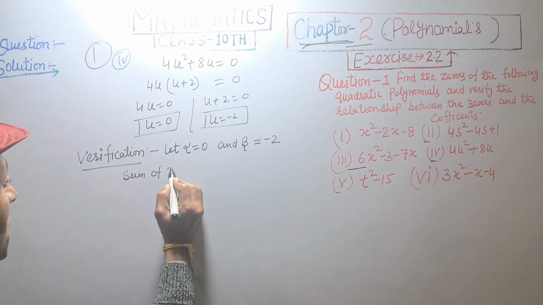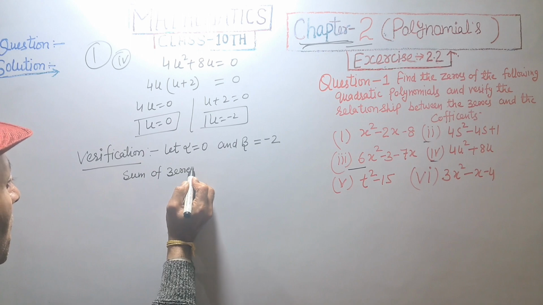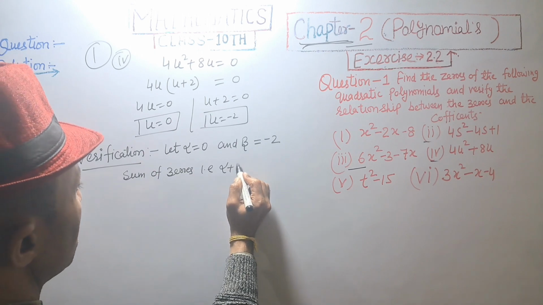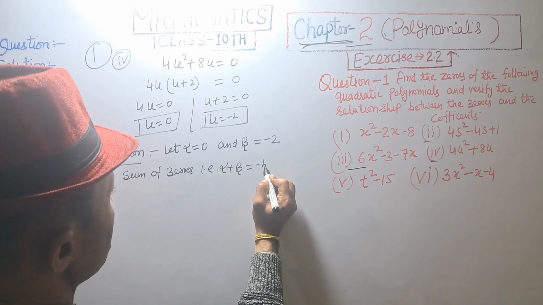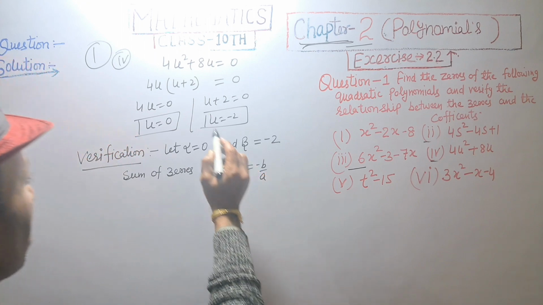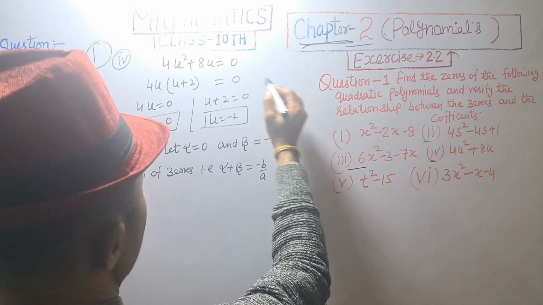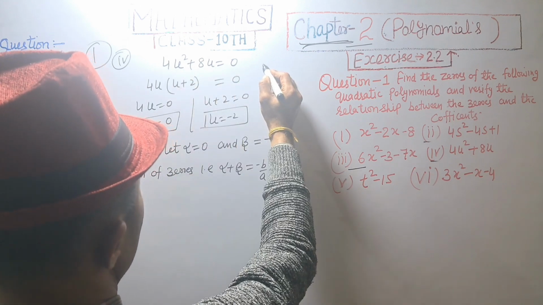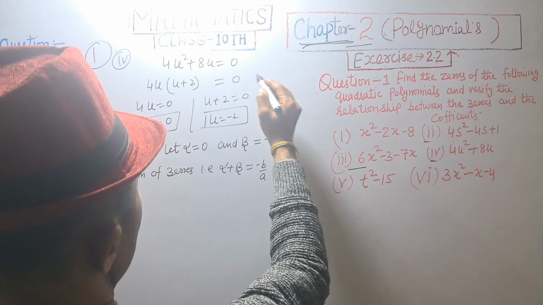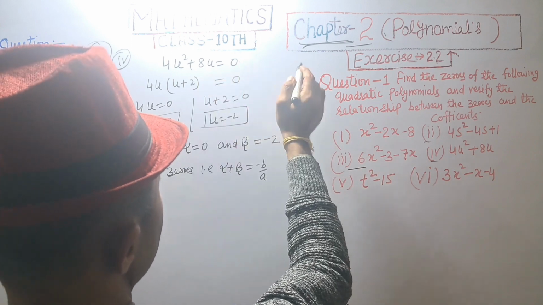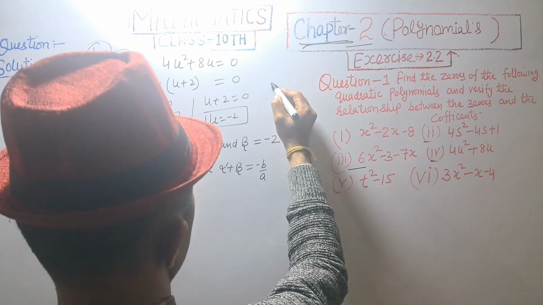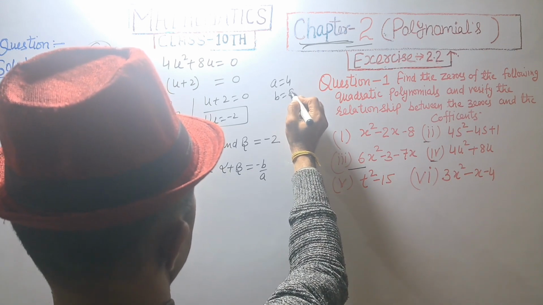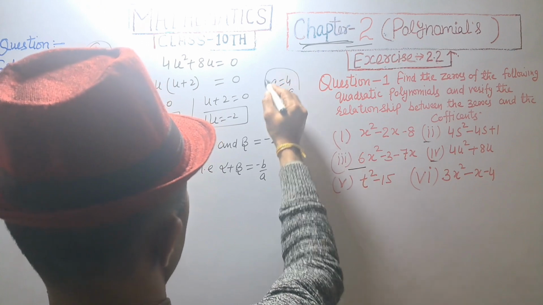Sum of zeros, that is alpha plus beta equal to -b upon a, and we are comparing this quadratic polynomial with ax square plus bx plus c equal to 0, au square plus bu plus c equal to 0. a is equal to 4, b is equal to 8, and c is equal to 0.